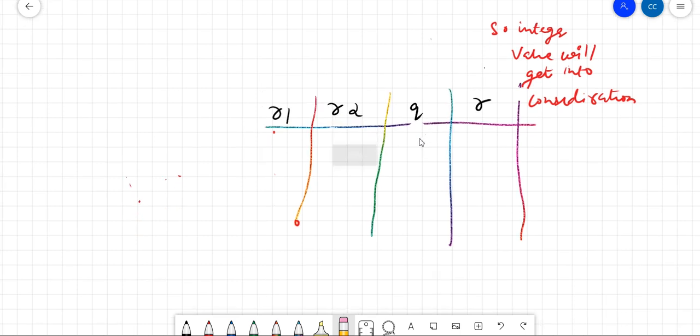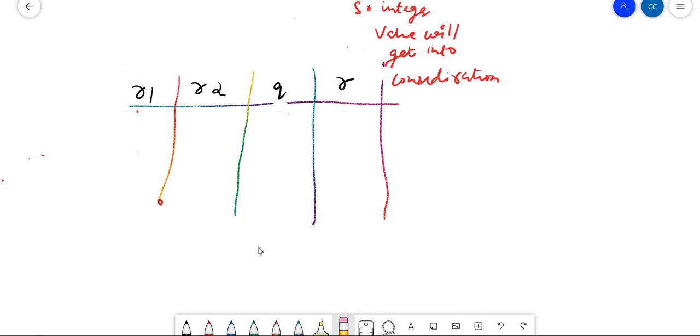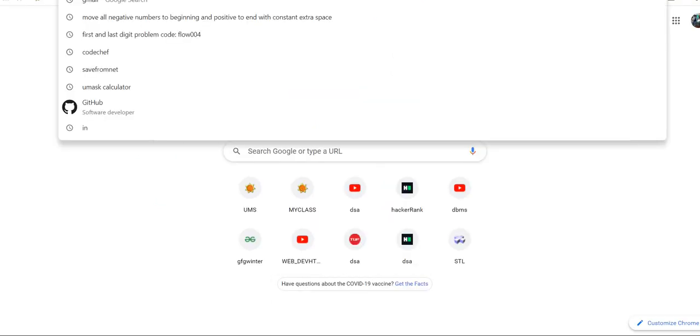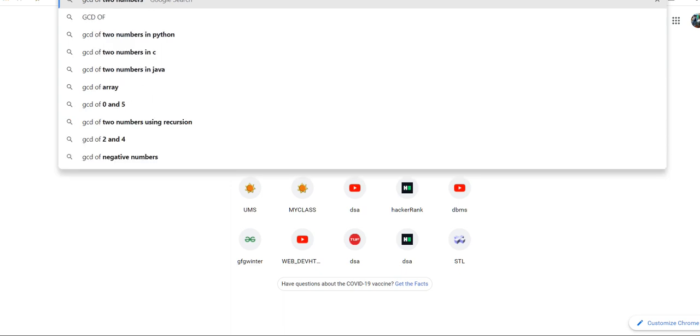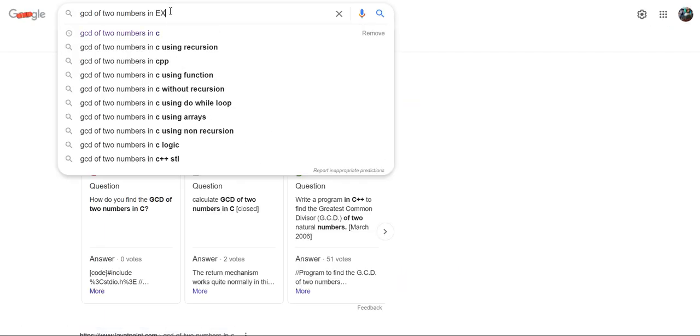Suppose if I want to write GCD of two numbers. Example.